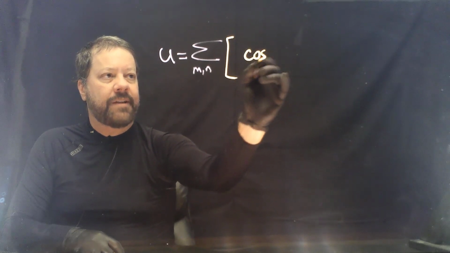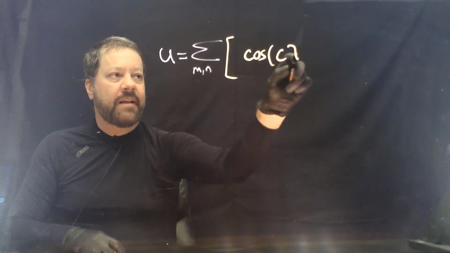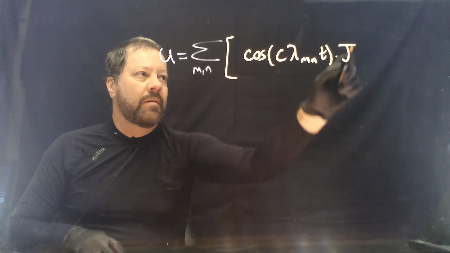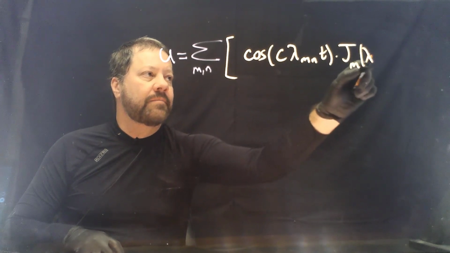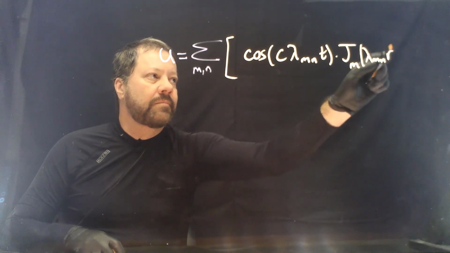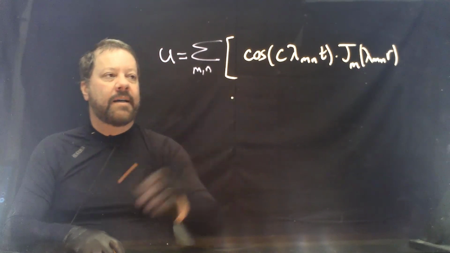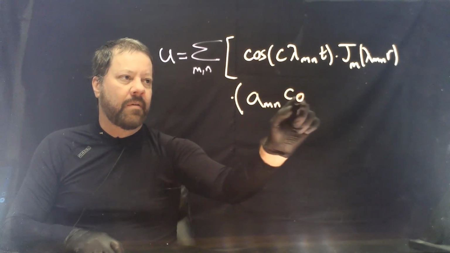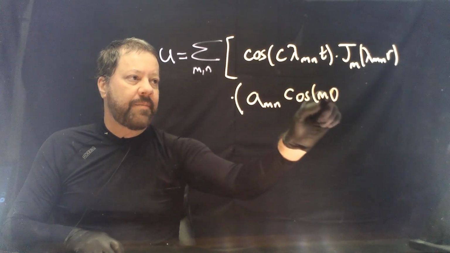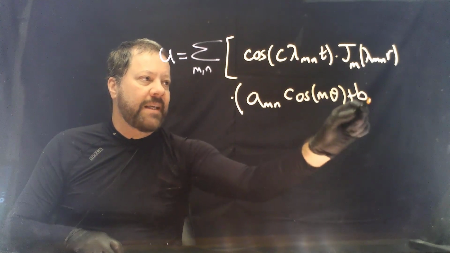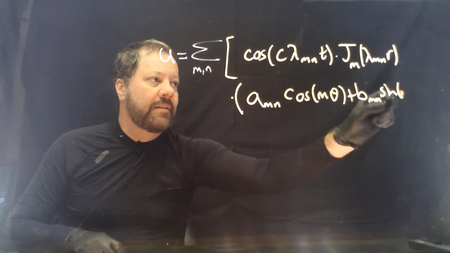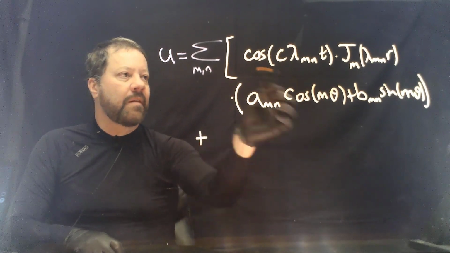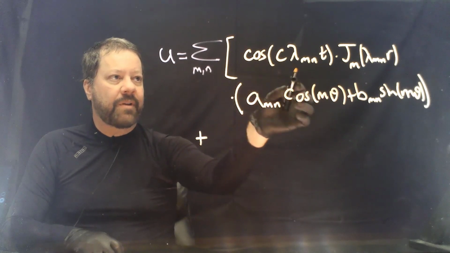We'll start off with the cosine of c λ_mn t times Bessel's J times cosine of mθ plus b_mn sine of mθ. That gives you half of the solution, one with cosine here.